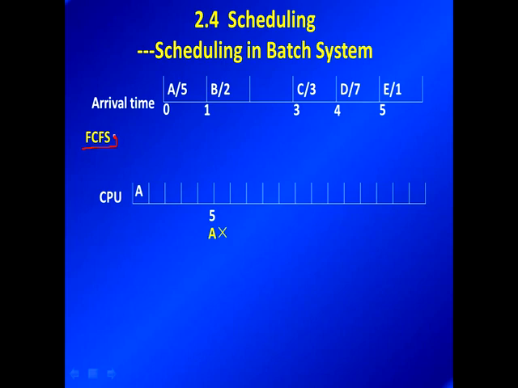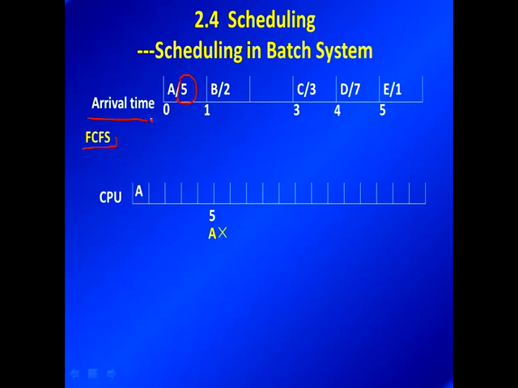If you want to calculate the turnaround time for different jobs, you need to know the completion time for each job. For job A, it starts execution at time 0, and it needs 5 time units to finish its job.